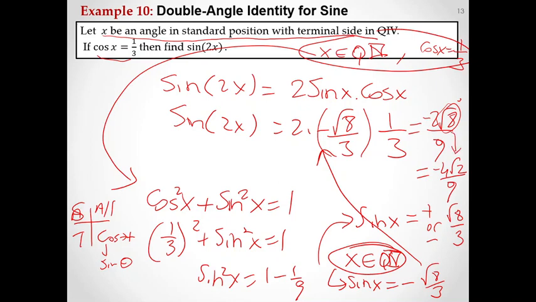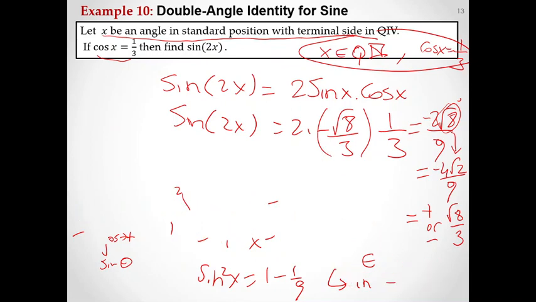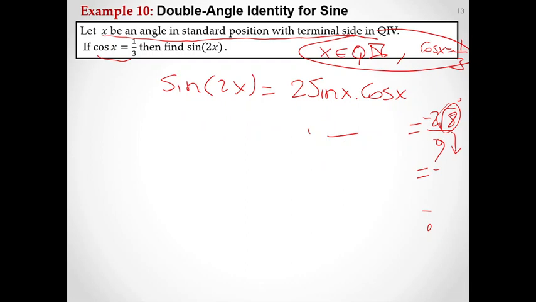Check this one, please. Now, if you know the identities and the quadrant of the angle, you don't have to go back to the reference angle and the other stuff. You just use the identities and only the quadrant to specify it as plus or minus.